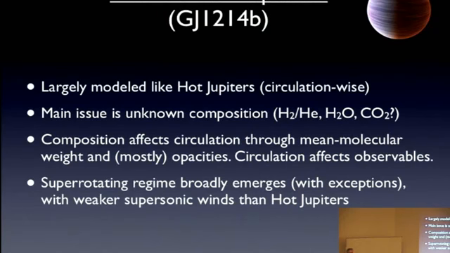By changing the composition, you change the opacities, and so the depth at which your absorption of insolation happens, and also your infrared emission happens. That tends to strongly affect the observables that I showed you in terms of the phase curve.